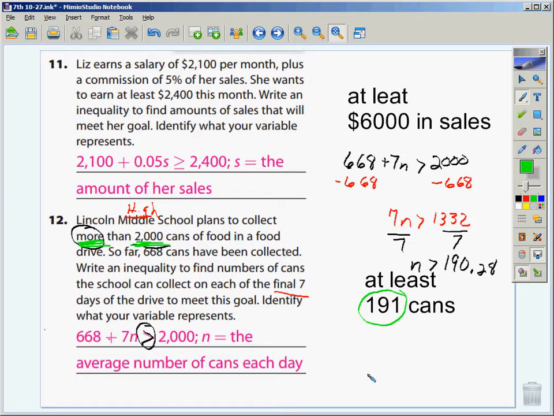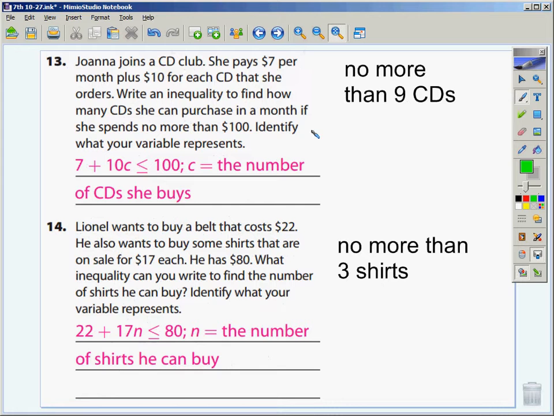Everybody good with 11 and 12? We still copying, or am I good? Okay. There's 13 and 14. Good.